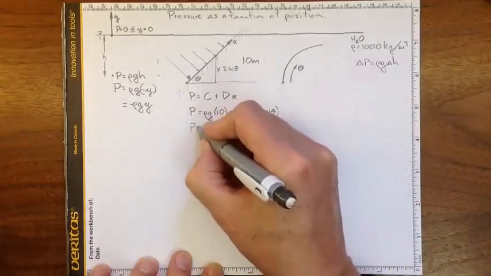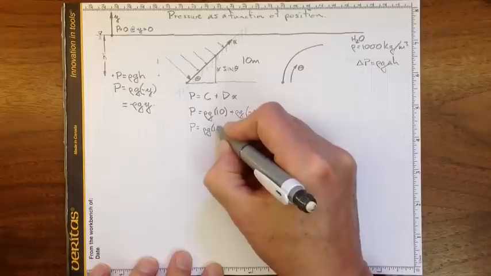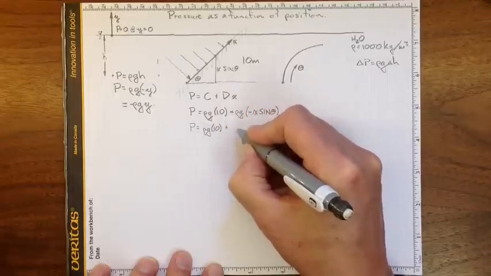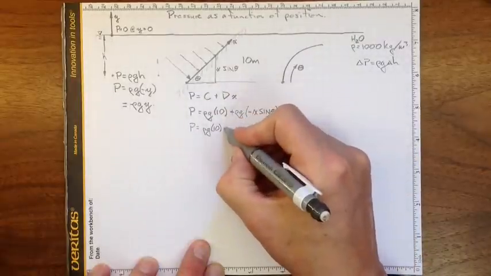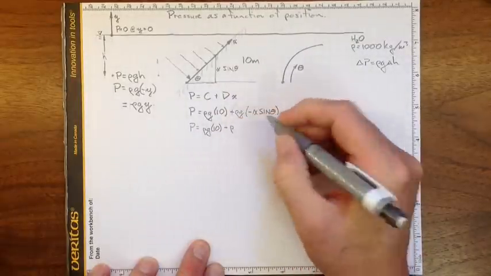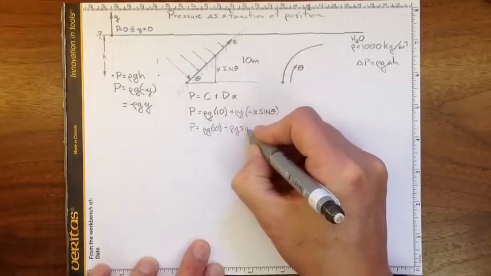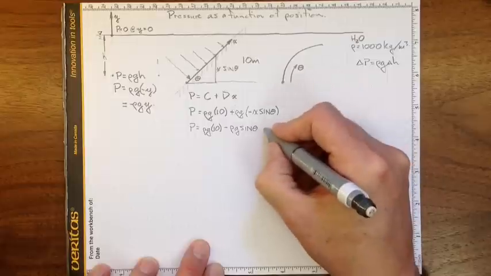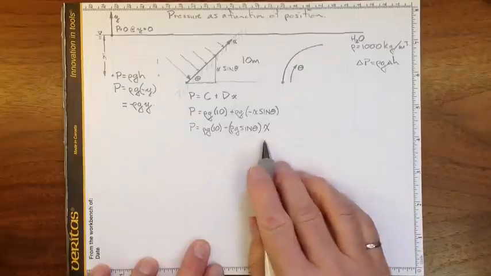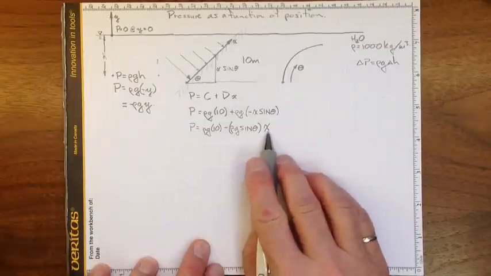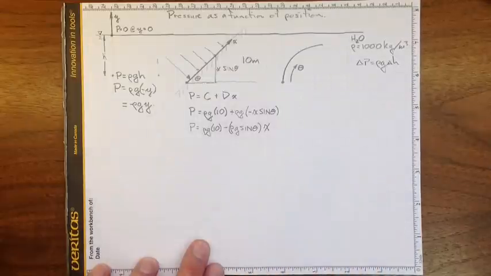So P will wind up being equal to rho g times 10, our 10 meters under the water, minus rho g sine theta, all times x. So a linear relationship where these things are constants. And that'll be really easy to integrate when we go to try to find out that force.